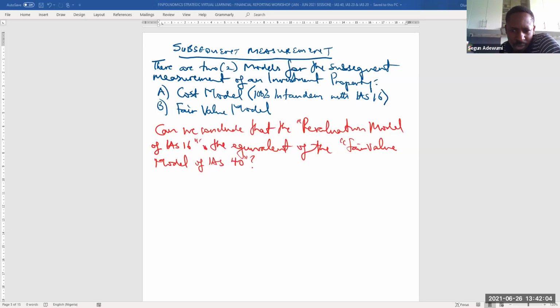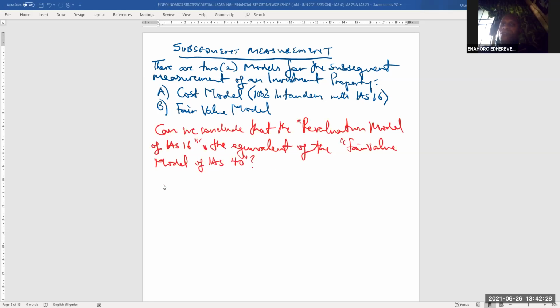But in terms of fair value, when an asset is fair valued, I think it will only be recognized on the balance sheet, and I doubt if anything will go into the P&L. So it goes to P&L if it's fair valued under IAS 40. Either loss or gain, if it increases, it goes to P&L.